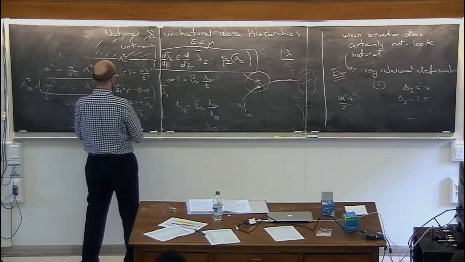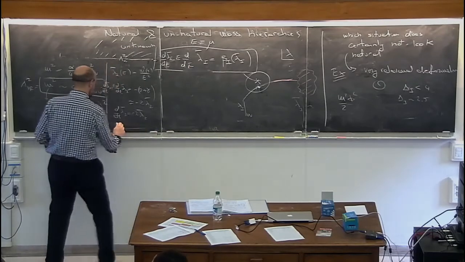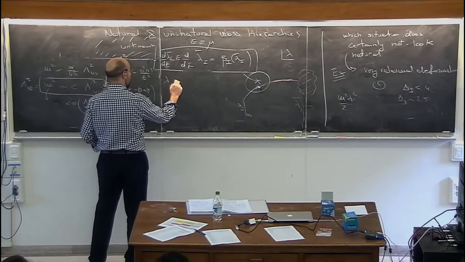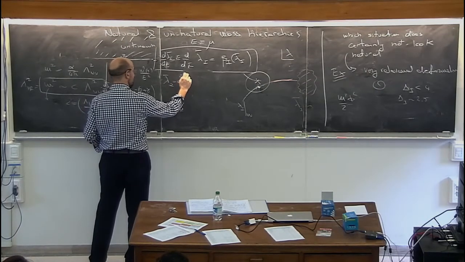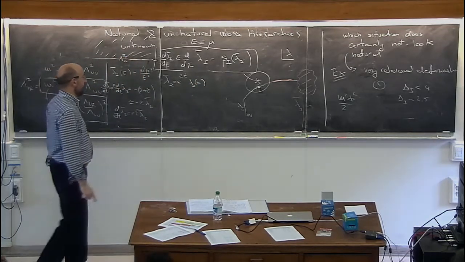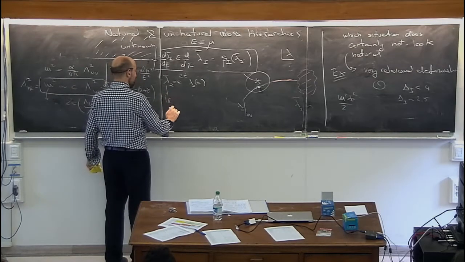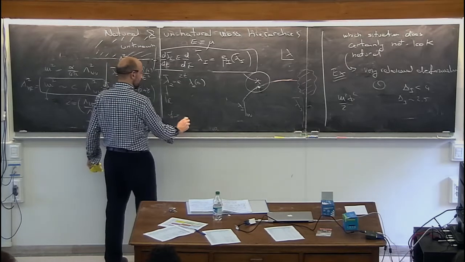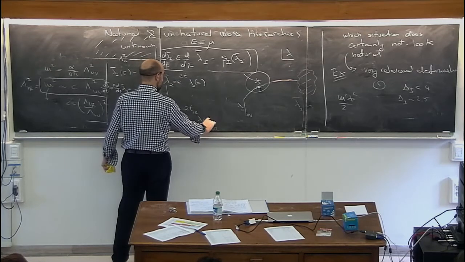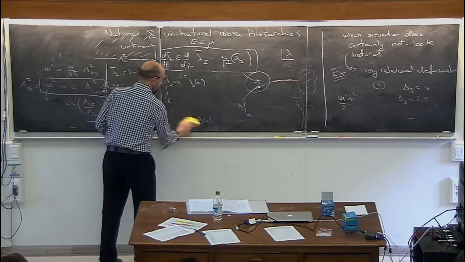Then the solution is lambda 2 bar equal to e to the 2t lambda 2 of 0. The IR scale is the scale where this is of order 1, so e to the 2t IR times lambda 2 of 0 is of order 1. This is the condition. If you invert this, then you have lambda 2 of 0.